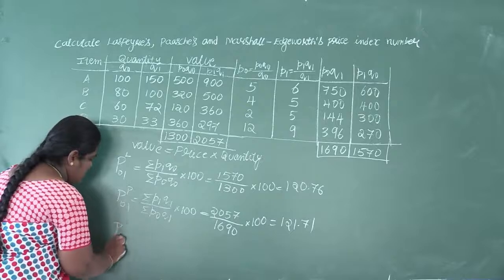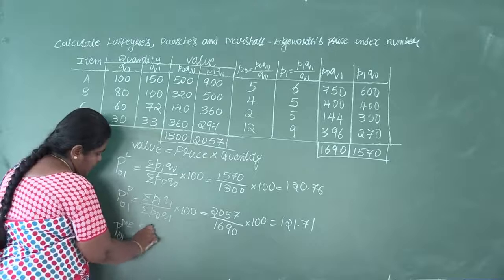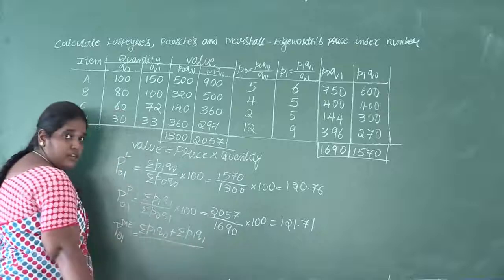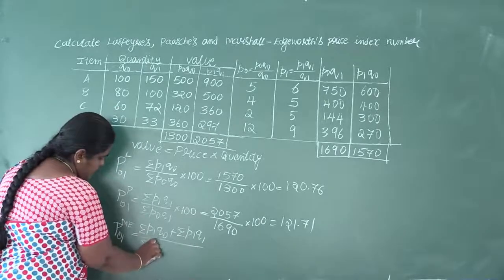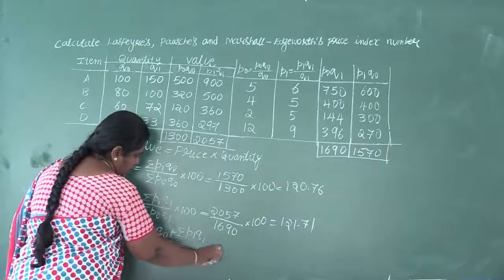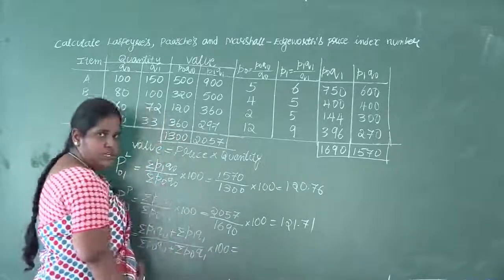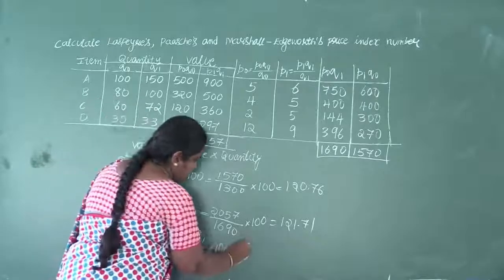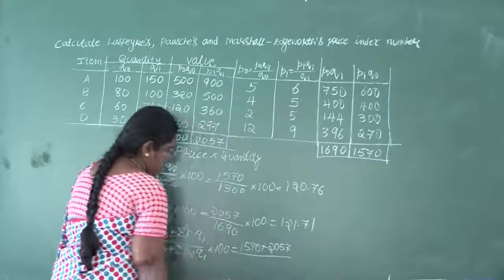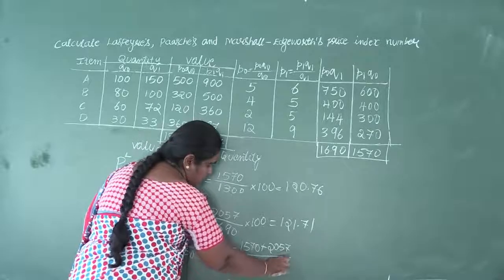The next one, the Marshall-Edgeworth price index number, and the formula is sigma P1 Q0 plus sigma P1 Q1 divided by sigma P0 Q0 plus sigma P0 Q1 into 100. Before adding, we have to substitute: 1570 plus 2057 divided by 1300 plus 1690.